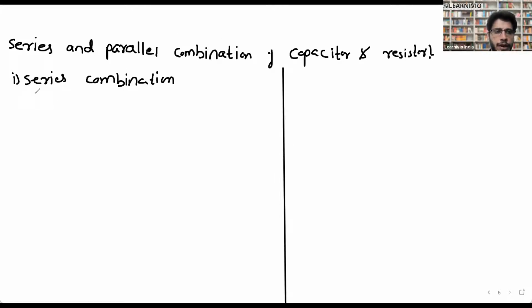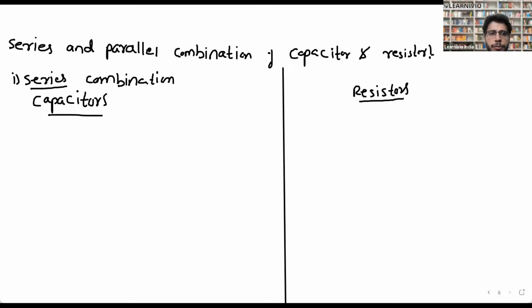So on the left hand side, we have capacitors. And on the right hand side, we have resistors. And series combination of both capacitor as well as resistor. So series combination means there is no branching. When I say capacitors are connected in series, that means there is no branching.